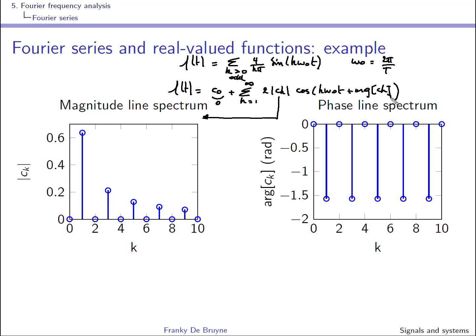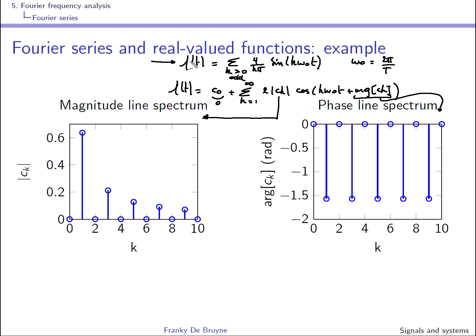And the argument of ck can be read in the phase line spectrum. So we see here in these spectra that when k is even there is no contribution, and indeed this is consistent with what we see over here.